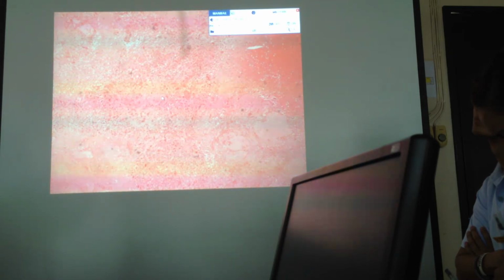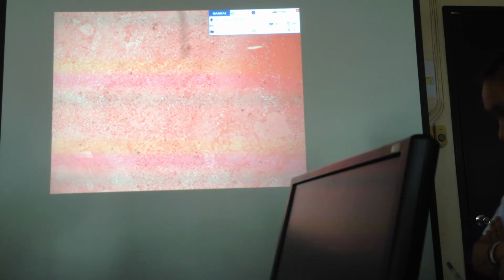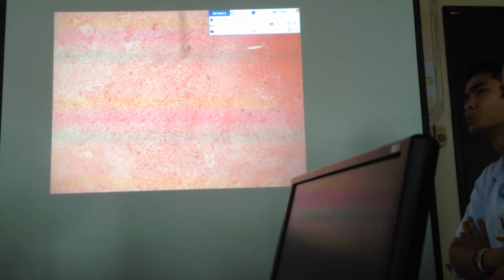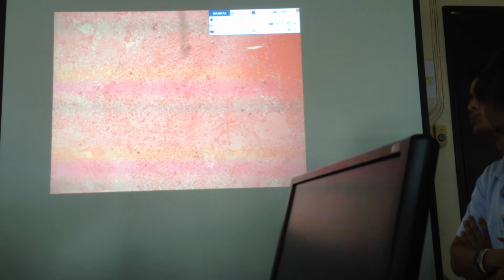papakita ko sa inyo kung ano yung tsura ng chorionic villi next week. So chorionic villi, as well as the presence of trophoblasts. So that's the H mole. Even in invasive mole, wherein the chorionic villi would go into the muscle layer na. Okay?